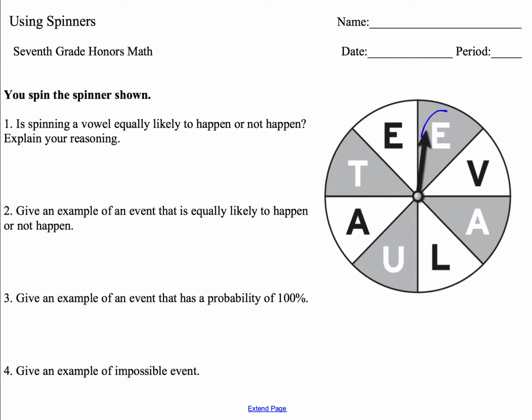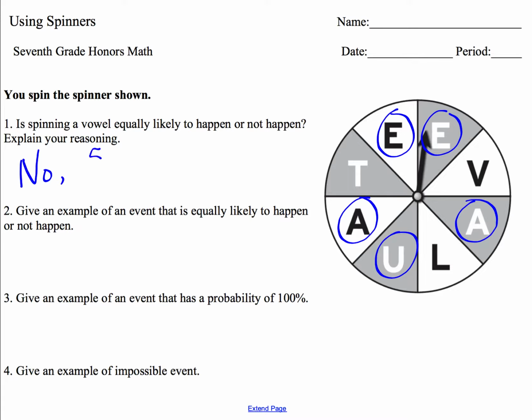The vowels include, there are two A's and a U. Okay, that gives us 5 vowels out of the 8. Is 5 out of 8 equally likely to happen or not happen? Actually, I'm going to go with no on this.